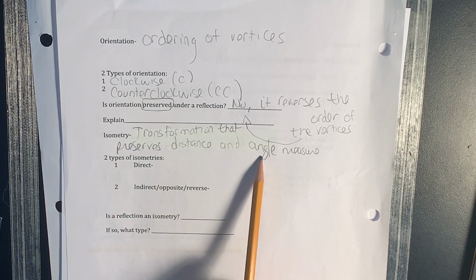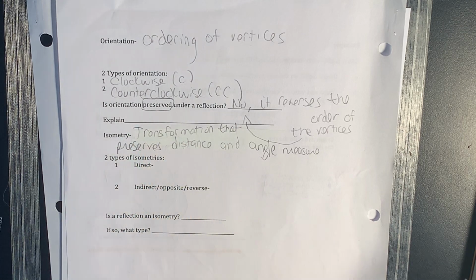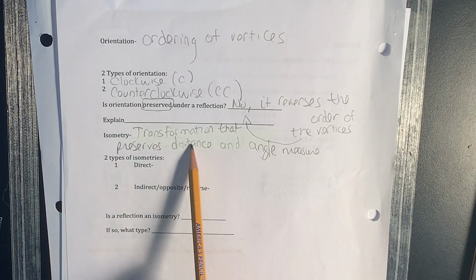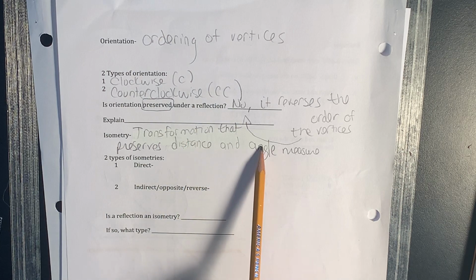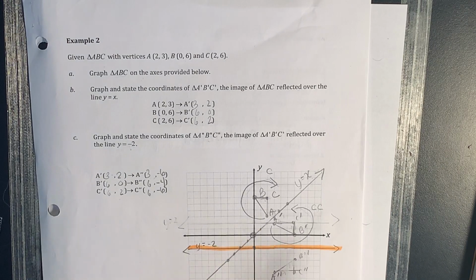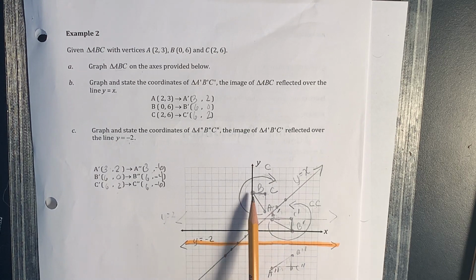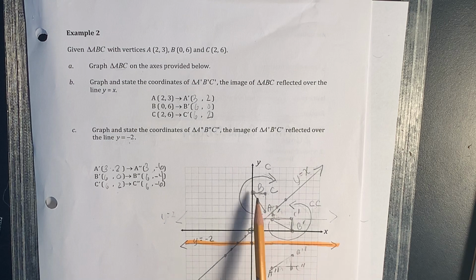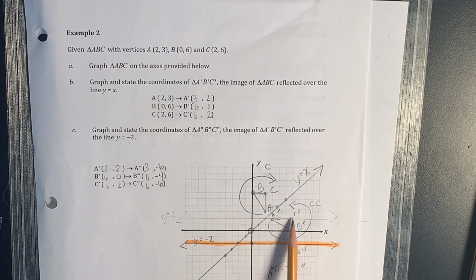So first of all, let's go back and determine if reflections are isometries. Under a reflection, do the length of the sides and the angle measures remain the same? So we've already talked about this. Do the length of our sides remain the same under a reflection? Yes, remember we counted 2 units, it stayed 2 units.